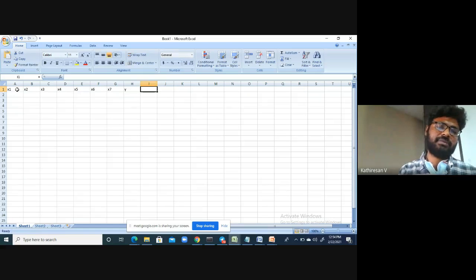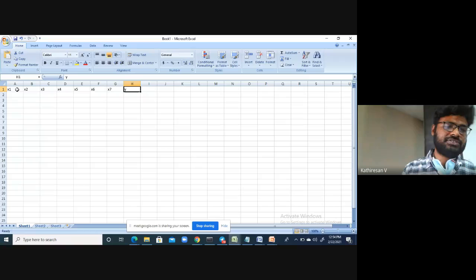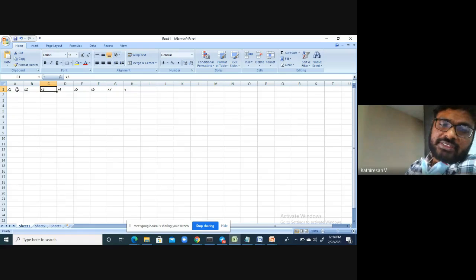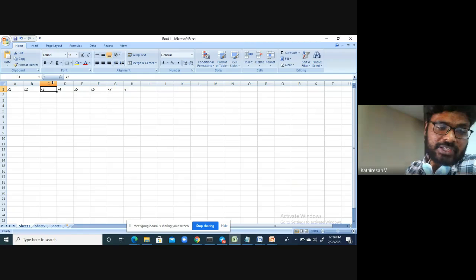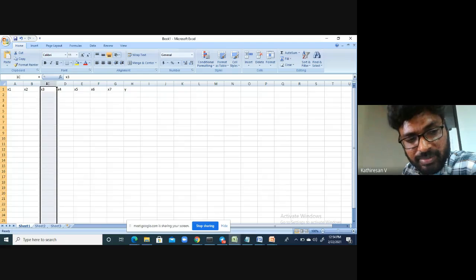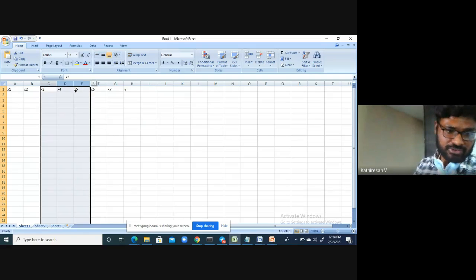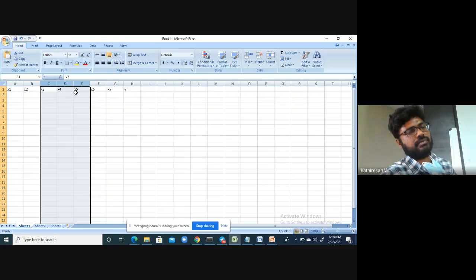Y is the response variable. If you decide x1, x2, x3, x4 all influence y, you can keep them. If you decide x3 is not relevant to y, you can remove x3 as an independent variable. You have all the privilege for that. You can remove both x3 and x4, or combine x3, x4 and x5. You can combine, remove, and do whatever you want. That is based on your wish.